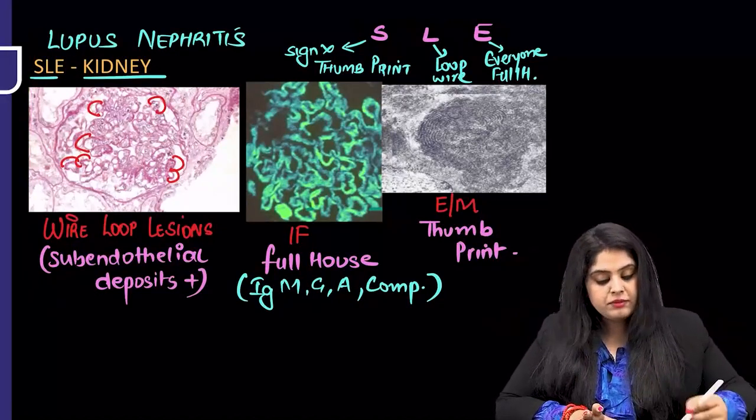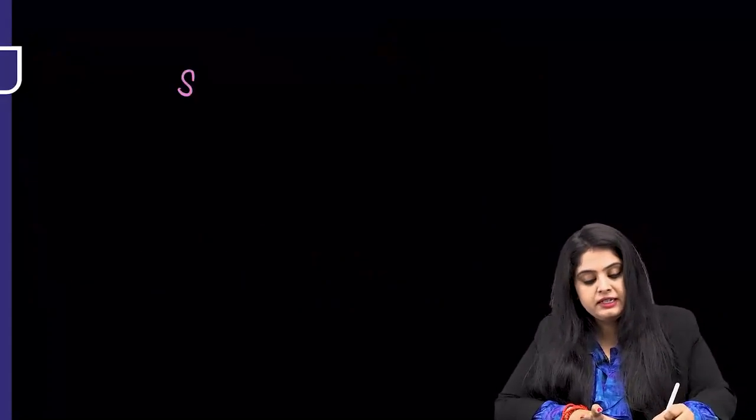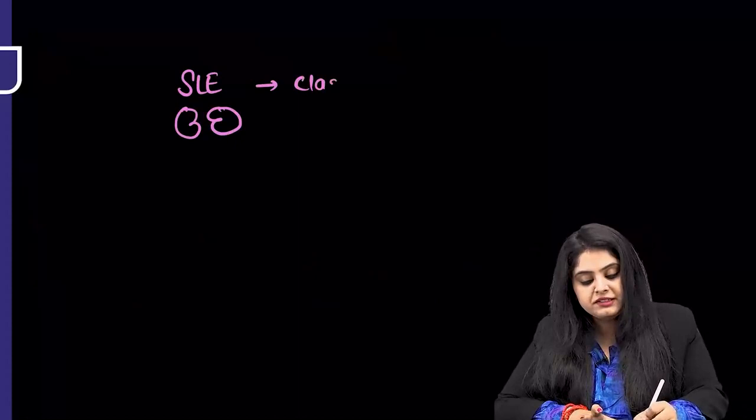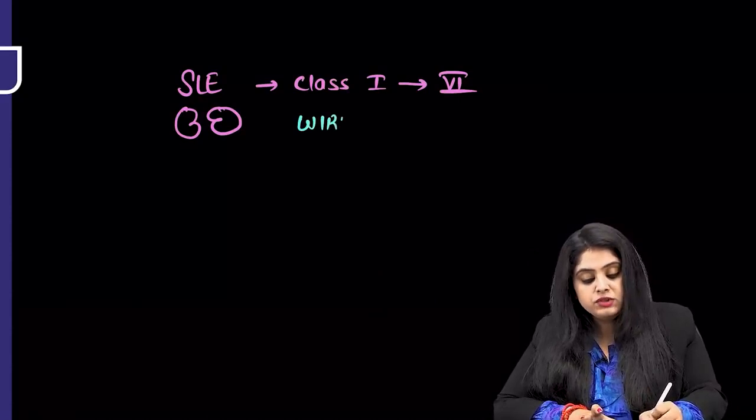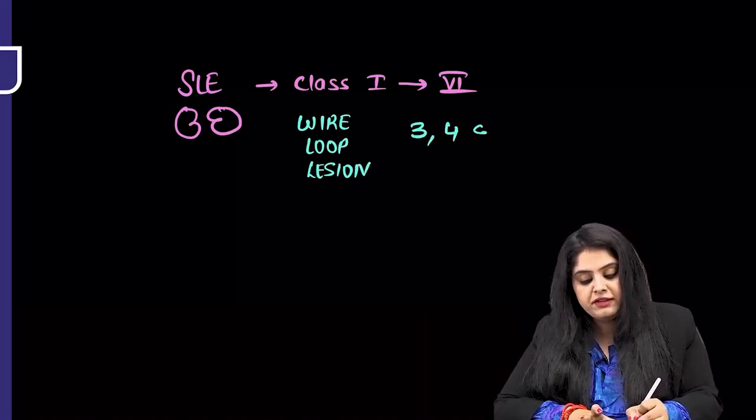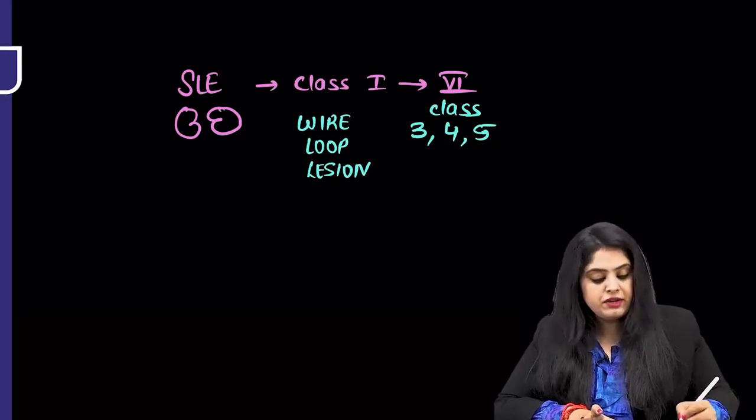And please note, before I start with the next disorder, SLE in the kidney is actually going to have many classes, that is class 1 to class 6. But what is important is that the wire loop lesions, which you're calling as the most important, are seen in class 3, 4 and 5.